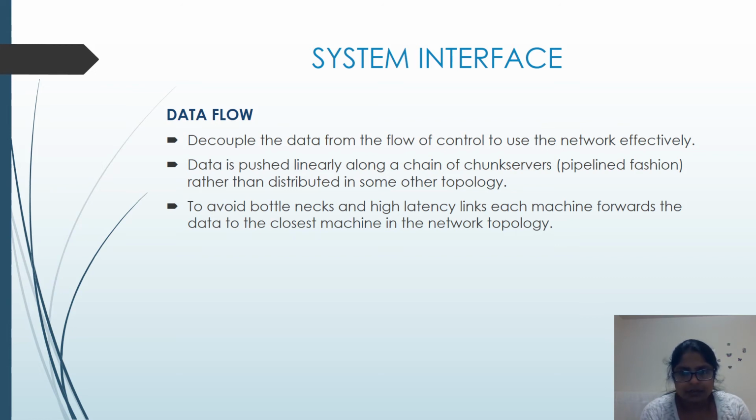It means sending data from one chunk server to the one nearest to it, so that there won't be any traffic and the data will be easily passed from one chunk server to the other. To avoid bottlenecks and high latency links, each machine forwards the data to the closest machine in the network topology. So let's go to the next slide.